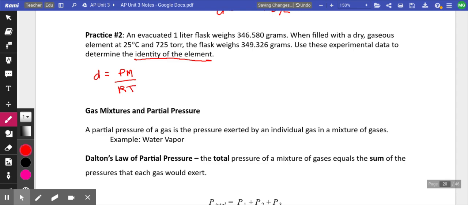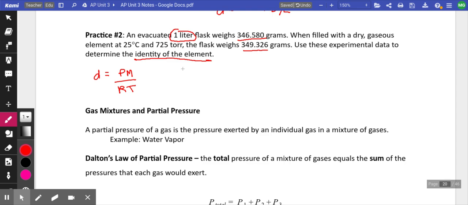I'm going to figure out my density by looking at the mass of my evacuated flask and the mass of my substance with the flask, and subtracting those to get the mass of just my substance. Then I know that the gas is occupying this 1 liter because it's a 1 liter flask, so I can put grams over liters to determine my density.